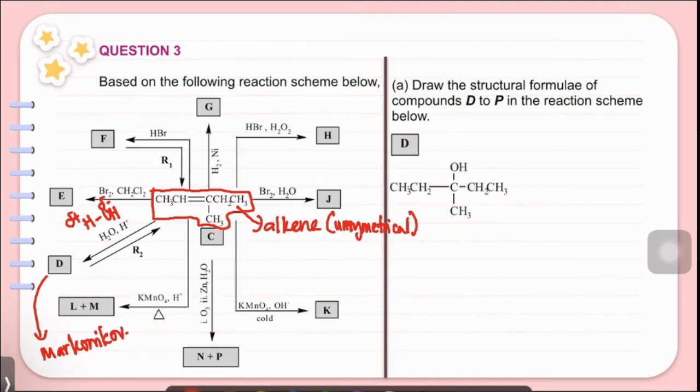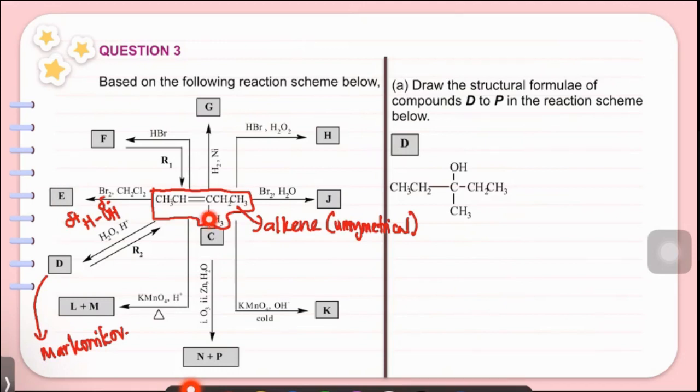So the suggestion structure for compound D like this. Okay, hydrogen, the region more electropositive will attach to one C, and then the region more electronegative will attach to another double bond C.